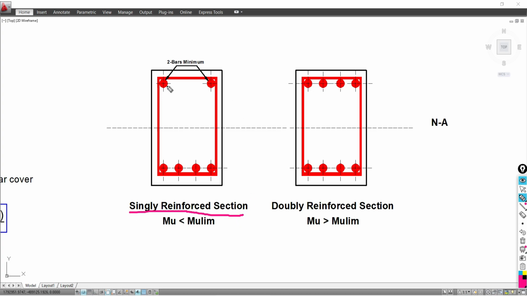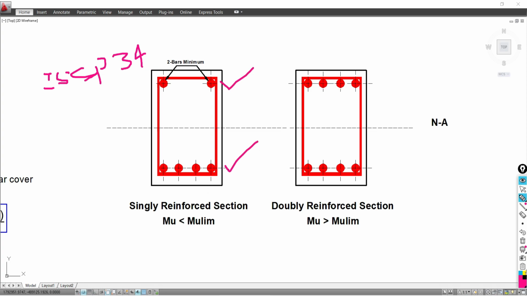You may say that there is a presence of the main reinforcement. How can we say that there is no reinforcement on the top side? Actually this is the minimum requirement made by IS 456. This code has recommended that in any section of the beam there should be a minimum of 2 bars present at its top.